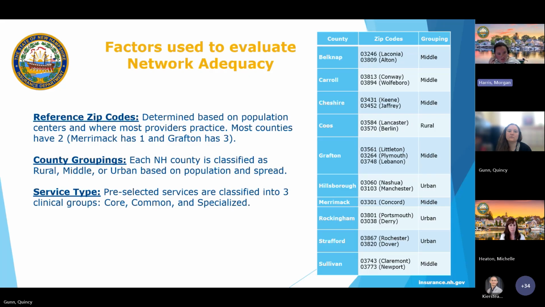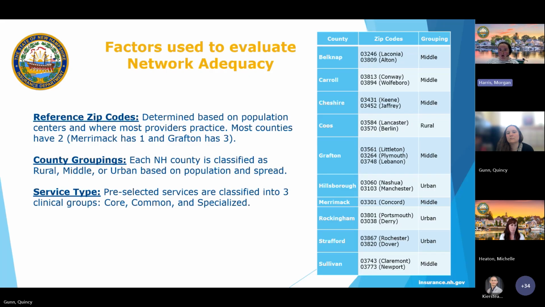One thing I want to stress on that, and this was another frequently asked question we got last year, is that we aren't looking at the member and their zip code and where they live specifically, which I believe is different than some other jurisdictions. We are using these reference zip codes as more of a population center where the majority of the people in that county live, but it's not taking every single person's member zip and seeing how far they individually had to travel to a doctor.